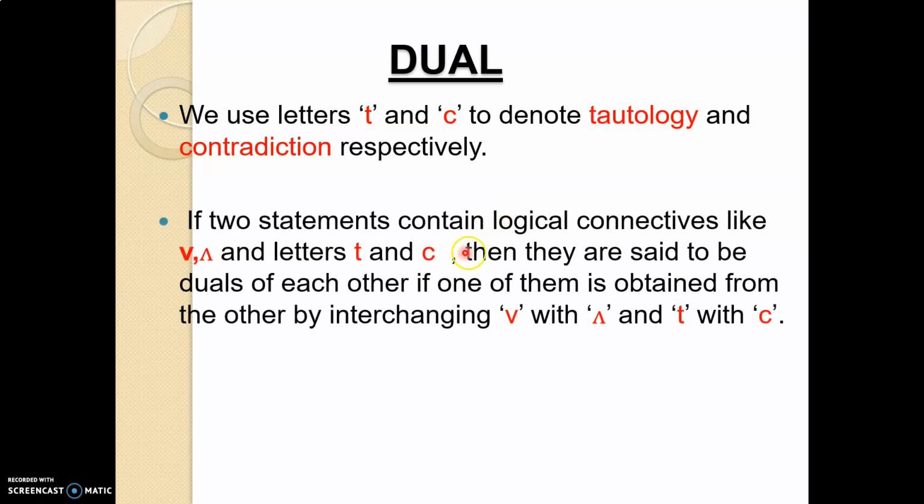If two statements contain logical connectives like or and and and the letters T and C, then they are said to be duals of each other if one of them is obtained from the other by interchanging or with and, and T with C. That means interchanging or with and, and with or, tautology with contradiction, and contradiction with tautology.